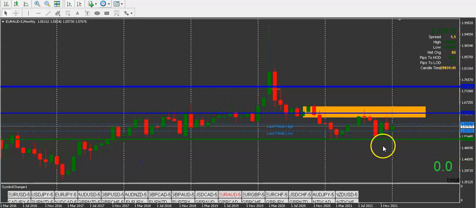Okay, underneath this line here, the next significant level would be this order block here.